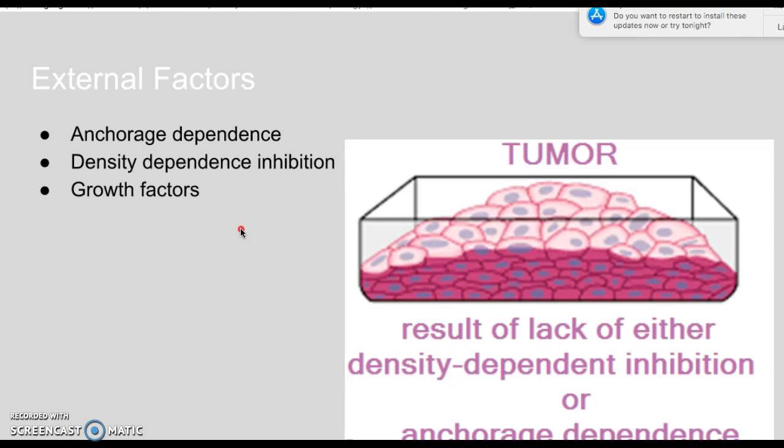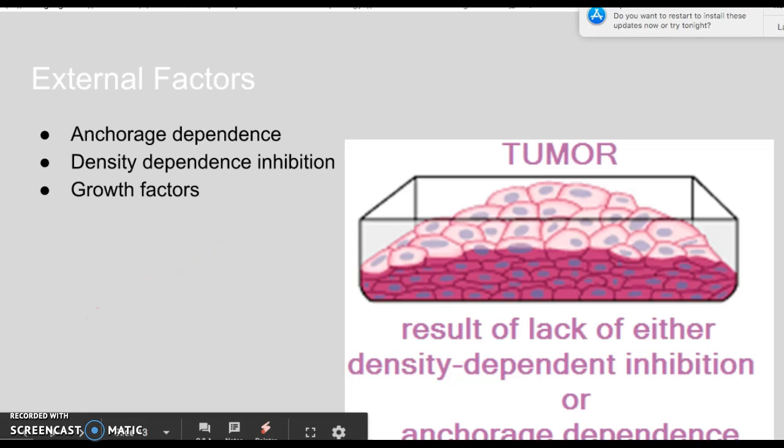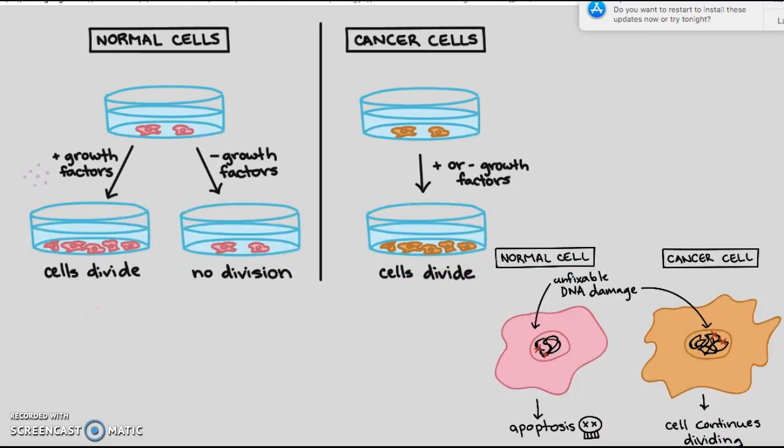If any one of these factors goes wrong, if anchorage dependence doesn't happen or the growth factors can't happen, it will result in a tumor, which leads to cancer. We just have a couple of examples of normal cells versus cancer cells, which is what we talked about in the last slide, of how cancer is the result of external factors not happening.